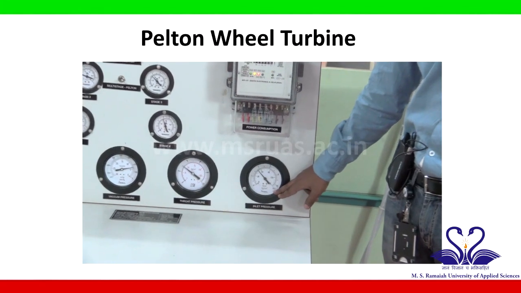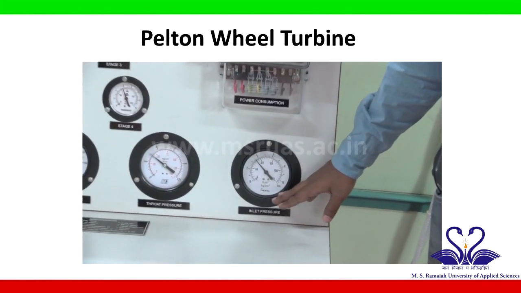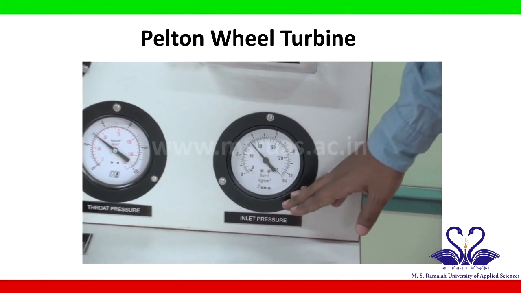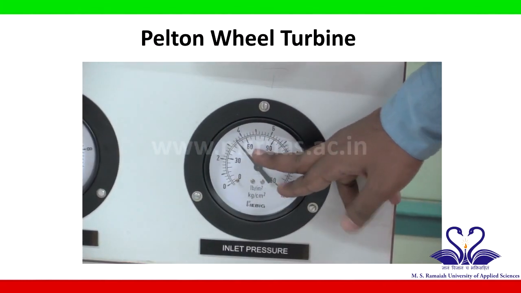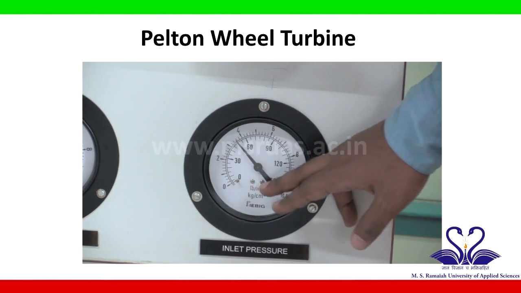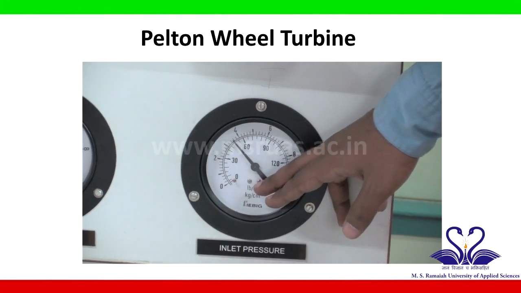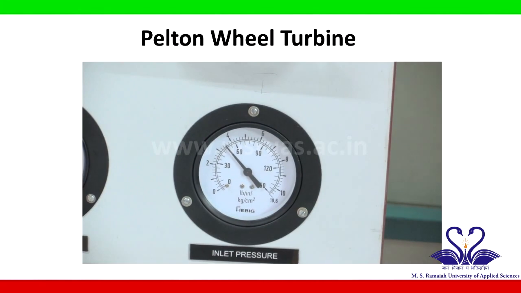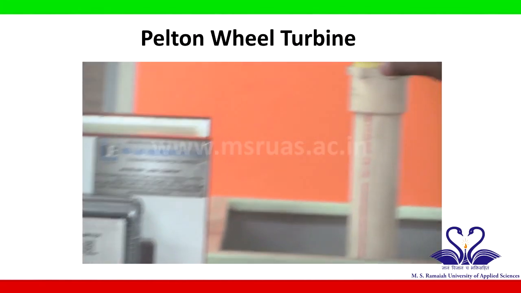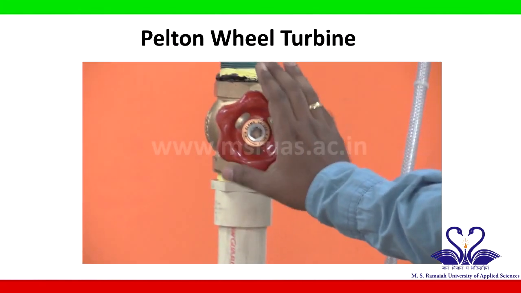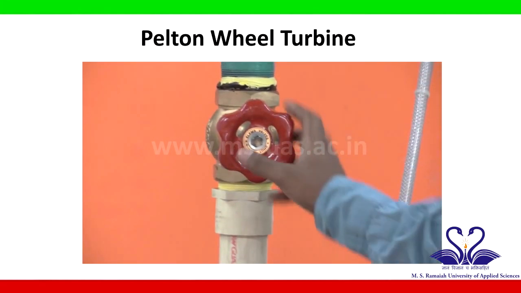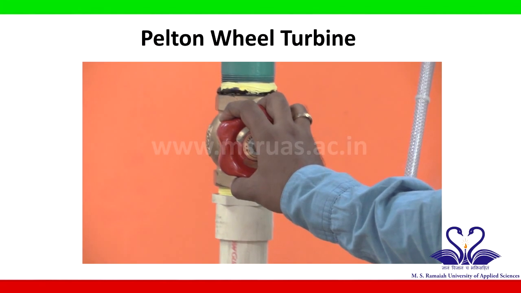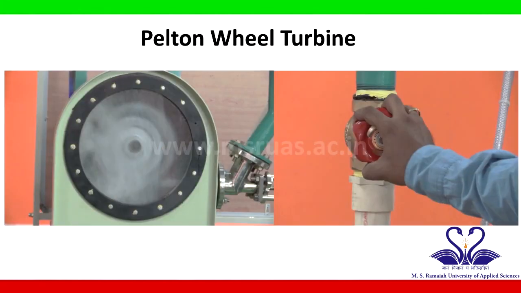In trial 1, the inlet pressure was indicating 1.8 kg per centimeter square. In order to reduce the pressure from about 2.6 back to 1.8, we have to open the bypass valve. By opening the bypass valve, we divert the flow back to the storage tank, and thereby reduce the inlet pressure to the turbine.